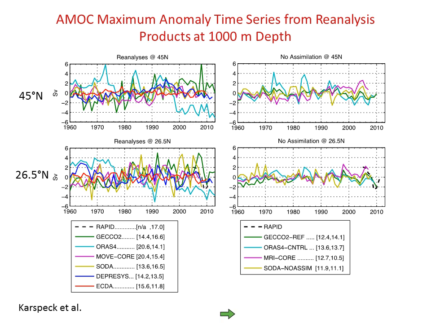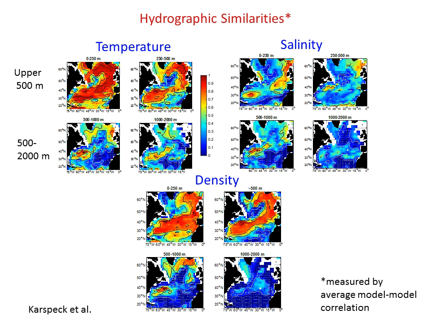We essentially did an analysis of what this is due to, and it comes out to be because of the geostrophic component of AMOC. What is shown here, to give an idea about the hydrographic similarities, are temperature, salinity, and density model average correlations in the upper 250 meters, between 250 and 500 meters, and so on.